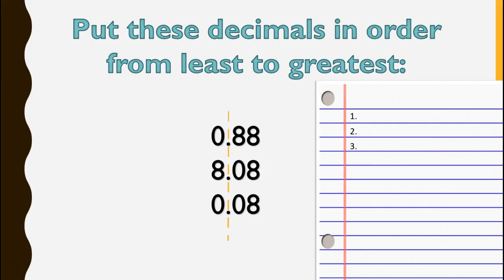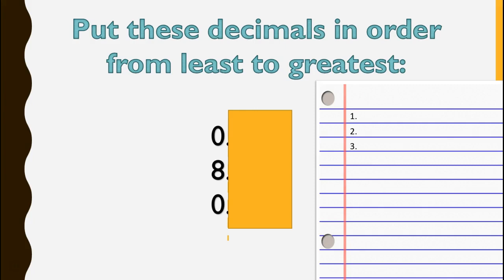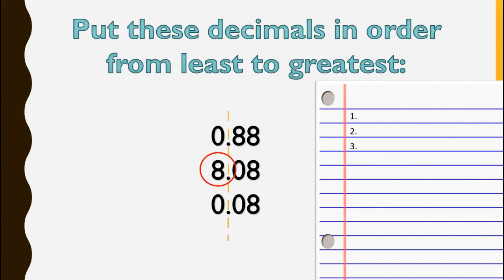Now I'm going to cover up all of this except the very largest place value. So I'm going to just look at that place value. Which digit is the largest in that place value? I think it's pretty clear. That's the 8, right? So that's going to be my biggest number. So I'm going to put that number by number 1 because it's the biggest.